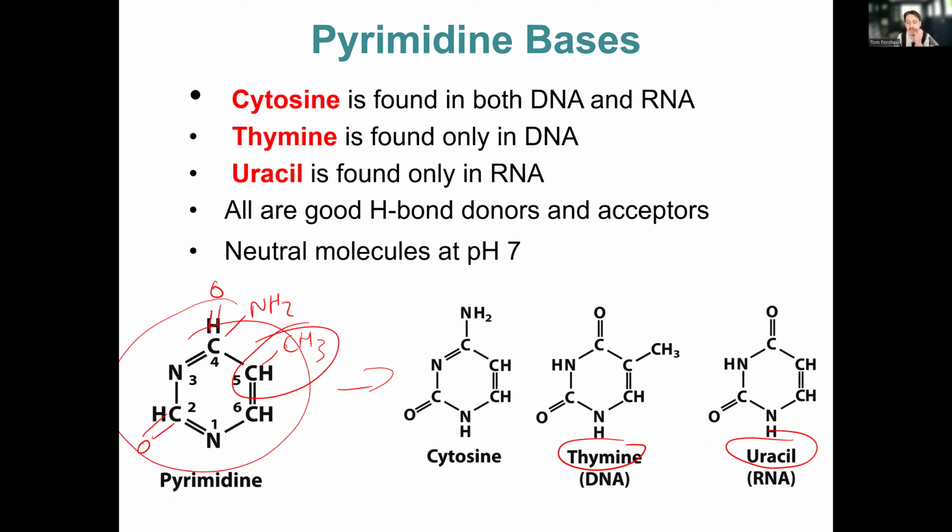And again, they have lots of hydrogen bond donors and acceptors, so they're going to be very soluble in water. But the exact hydrogen bond donors and acceptors that are involved are very specific when they match up and pair for the DNA. And again, they're going to be neutral at pH 7.